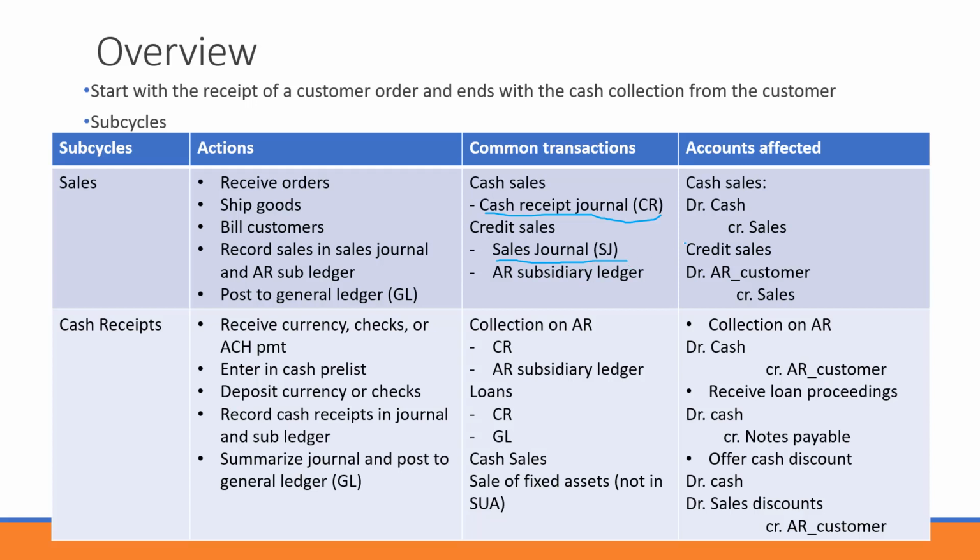So now let's look at the journal entries and the accounts affected. For cash sales, the journal entry would be debit cash because we're getting cash, and credit sales. Whenever you make a sale, you're going to credit sales, okay? And for credit sales, instead of debiting cash, we're going to debit accounts receivable.